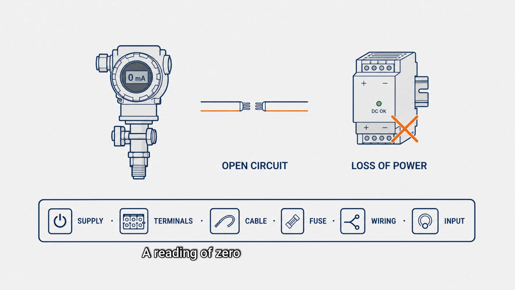A reading of 0 milliamps can indicate an open circuit or loss of power. Check the supply, terminals, cable continuity, fuse, transmitter wiring, and input channel before replacing equipment. Some transmitters can also report faults using currents above or below the normal range, depending on configuration.